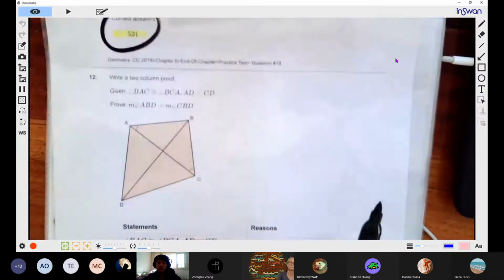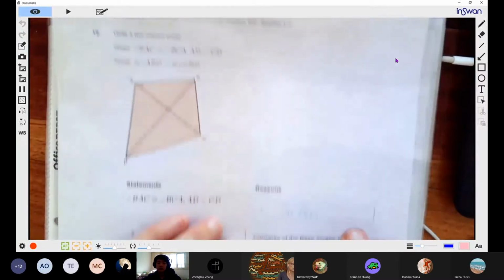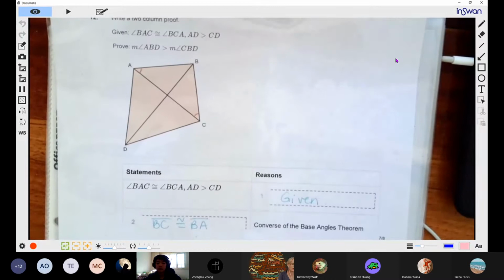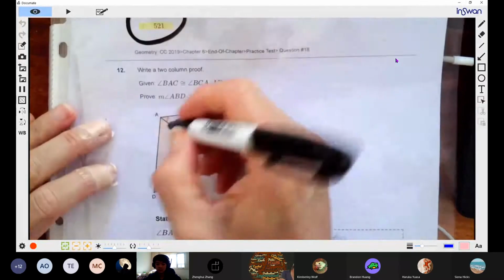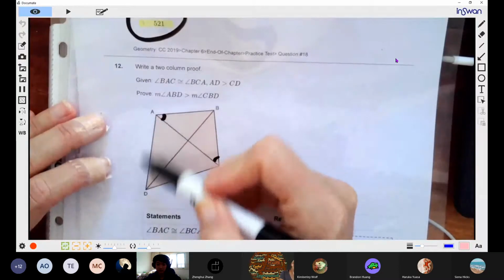And last, number 12 is a proof. You should be able to do proofs at this point, and you just sort of drag and drop. Remember, you're given that you have these 2 triangles right here that have these angles. You're also given that AD, this side right here, is bigger than CD.